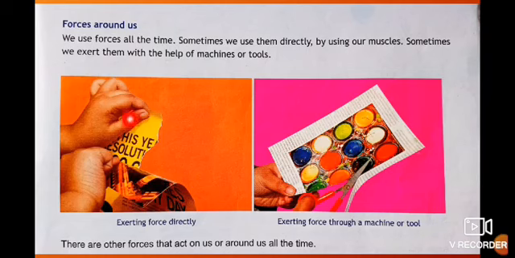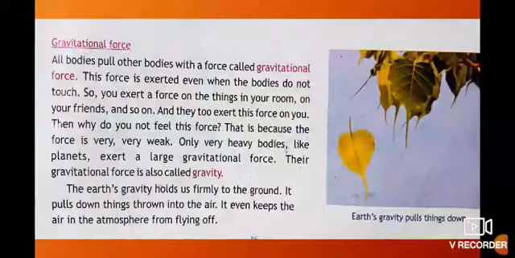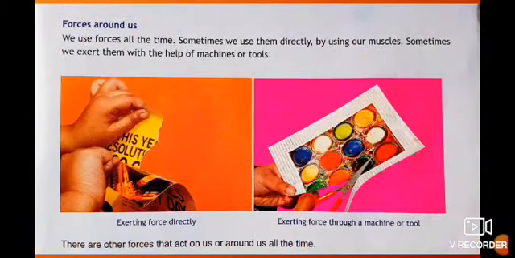Here, paper is torn by using muscle. Here, scissors used to cut the paper, isn't it? Exerting force through machine or tool. There are other forces that act on us or around us all the time.